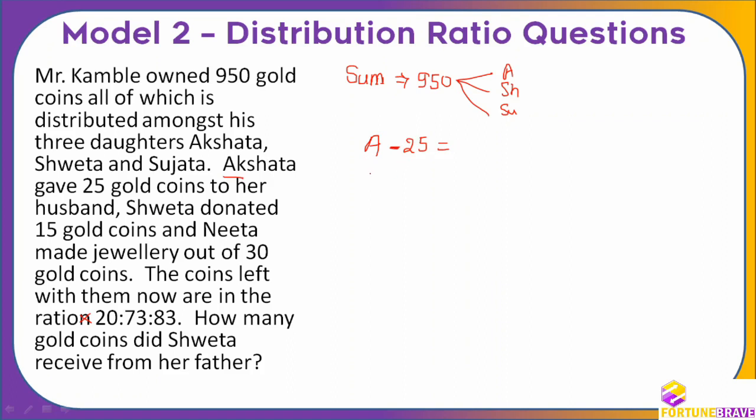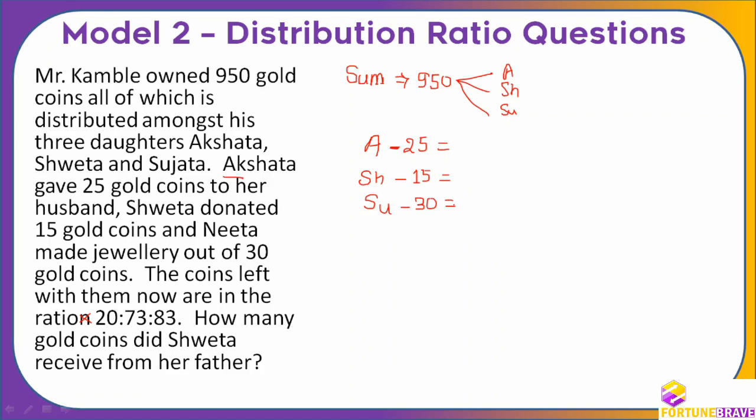And then Shweta, she donated 15 gold coins. So a good soul. She is considerate about others, so she gave it to somebody else as a donation. And then Sujata, what did Sujata do? She made jewelry out of gold coins for herself.